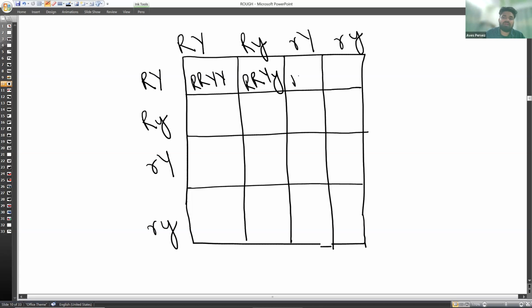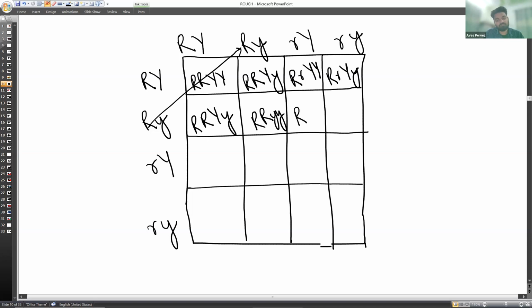Then again capital R, small r, capital Y, then capital R, small r, capital Y, small y. Then capital R, capital Y, small y. Then capital R means this is multiplying with this one. Capital R, small y, then again capital R.